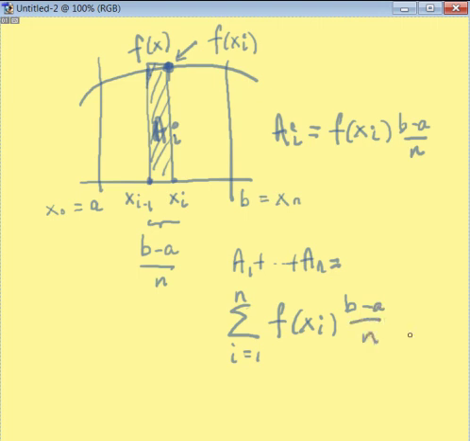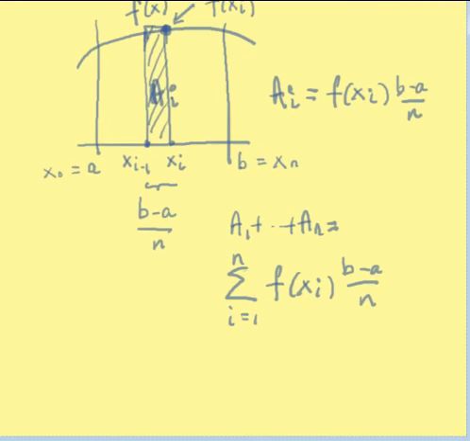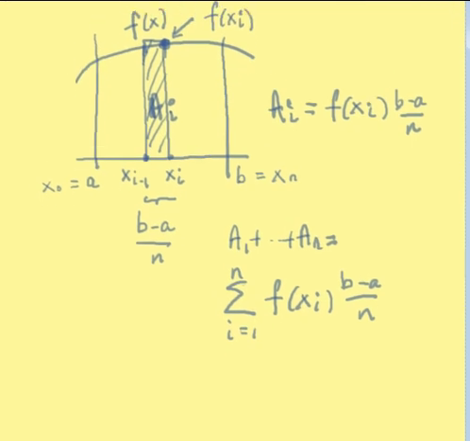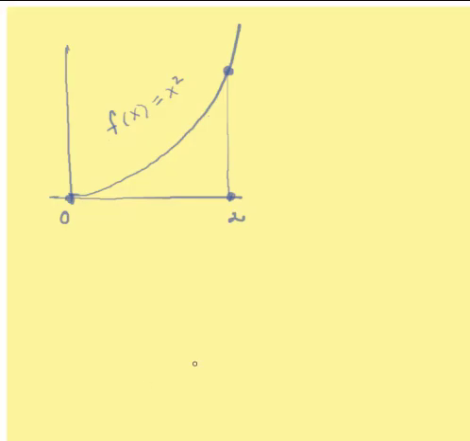All right, so now let's talk about our example y equals x squared. So here's f of x equals x squared, and here our x0 is 0, and here's our xn.